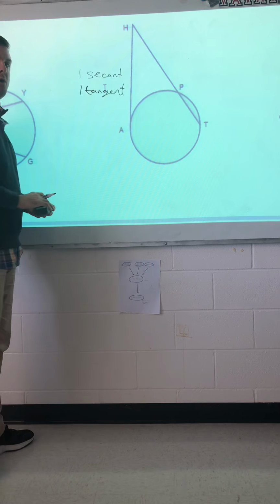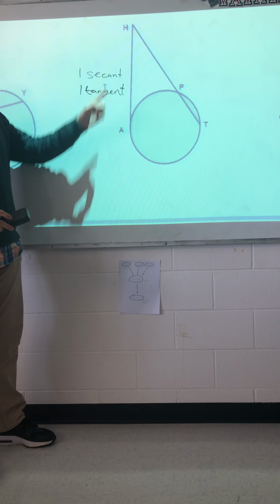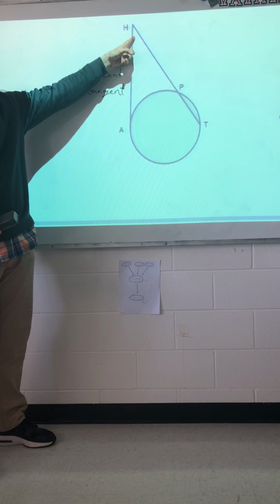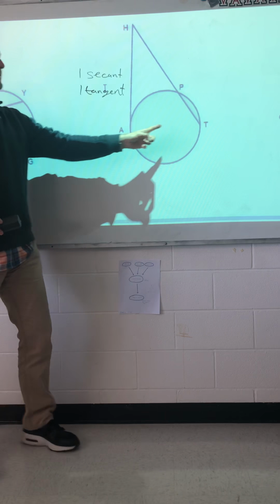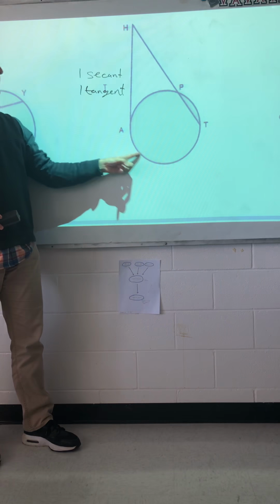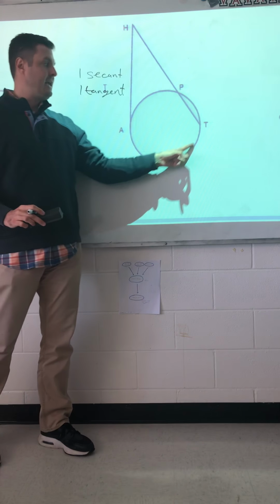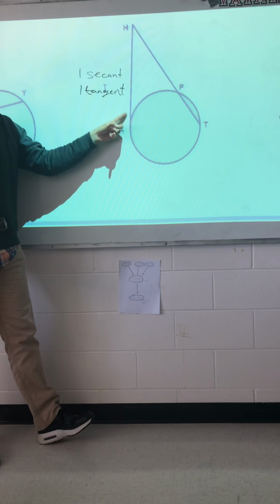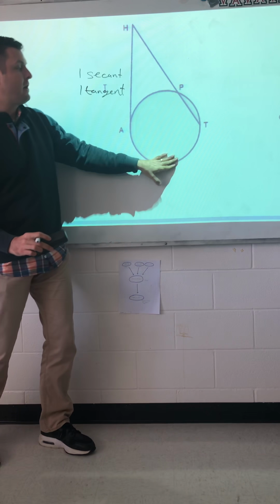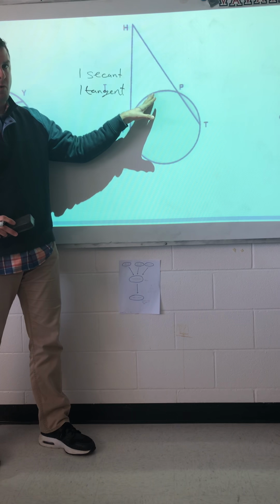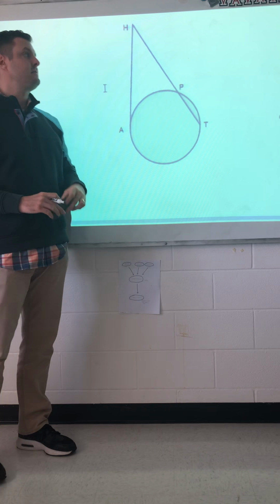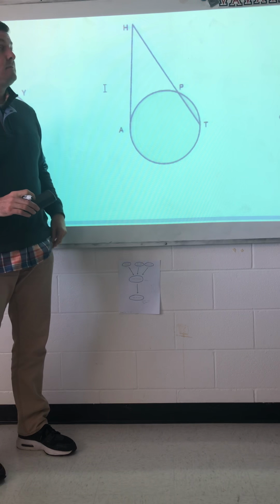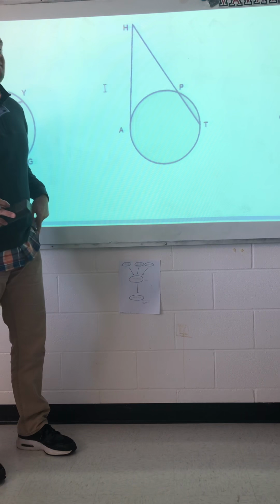But what I want you to notice here is that there's an angle on the outside, but there's still first a small arc that you hit, and then a big arc that goes from the tangent around to the second part of the secant. Okay, so we still have a big arc and a small arc that's formed. Okay, so we did two secants. We looked at one tangent and one secant.